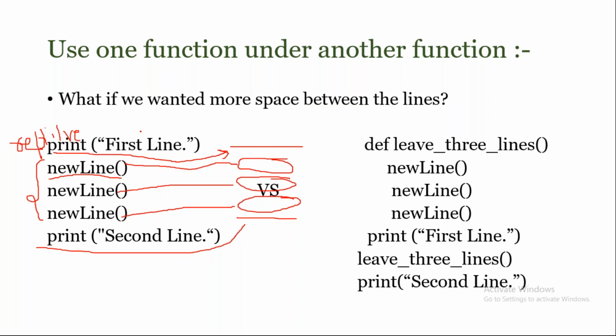But you might have seen in mathematics also that whenever you define a function, you can use another function inside it. So f is a function of y and y is a function of z. I can do this in mathematics, and the same concept you can use in Python also.